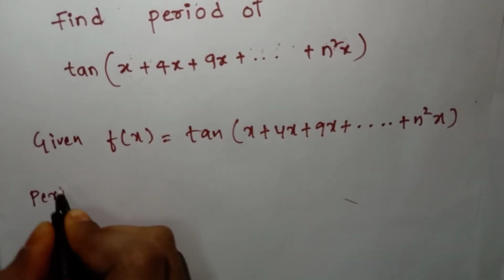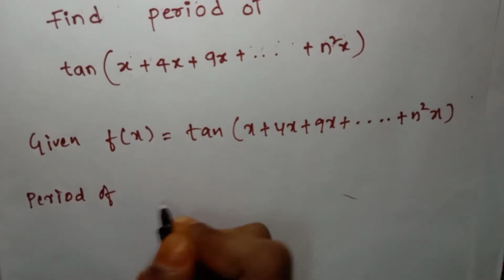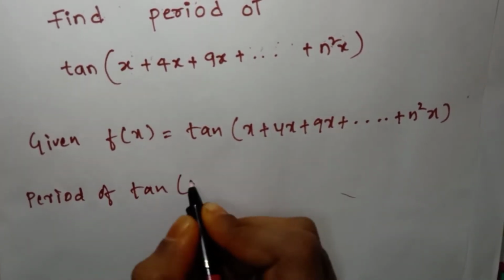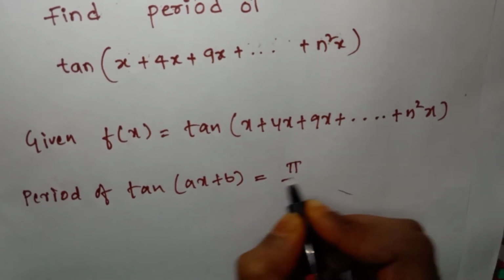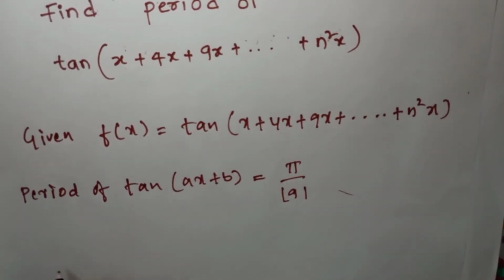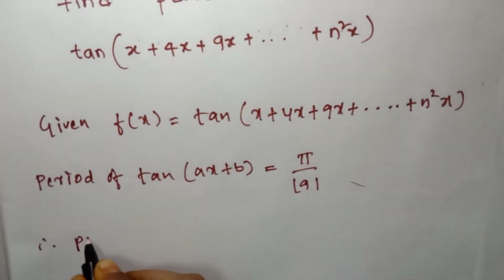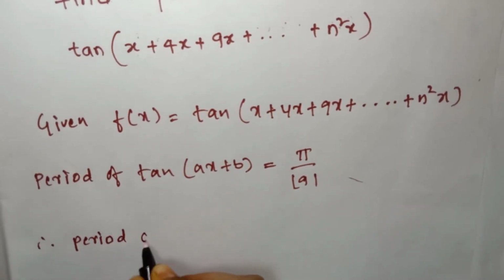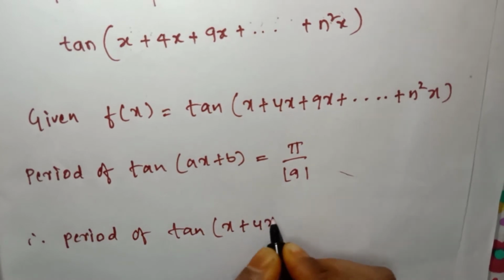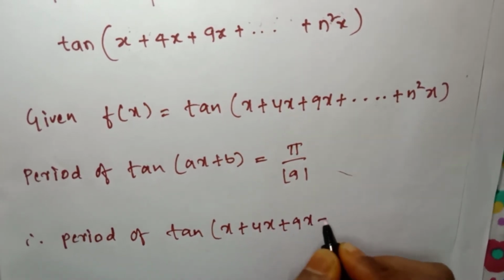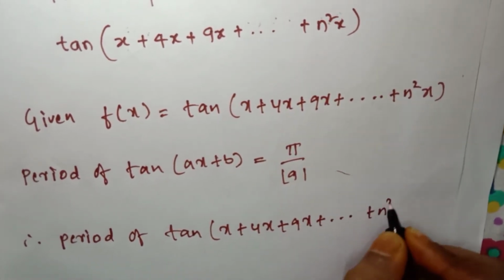We know that the period of tan(ax+b) is equal to π/|a|. Therefore, the period of tan(x + 4x + 9x + ... + n²x).